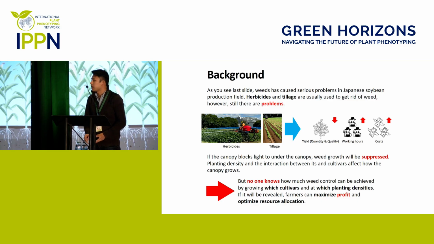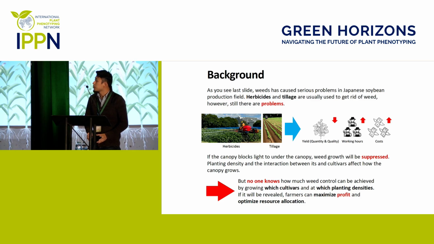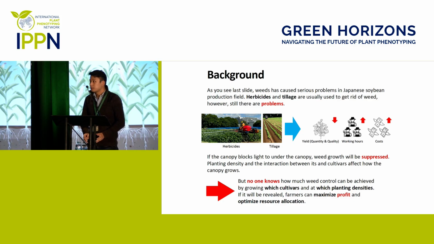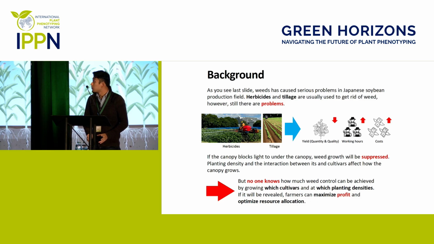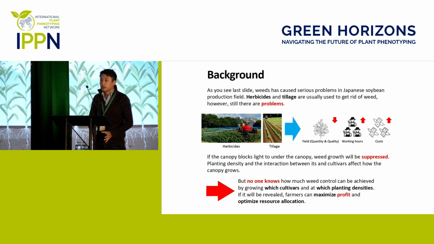Usually, herbicides or tillage are used to get rid of the weeds from the field, but it is impossible to remove all the weeds. So the weeds have a huge impact on the yield, the working hours, and the cost.